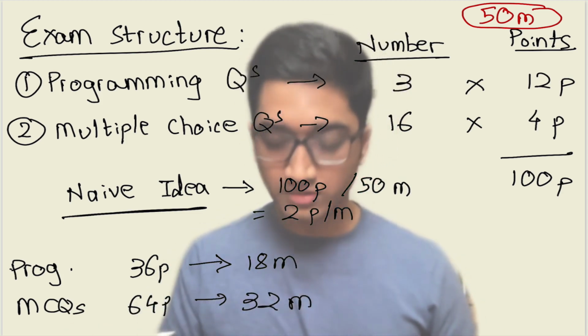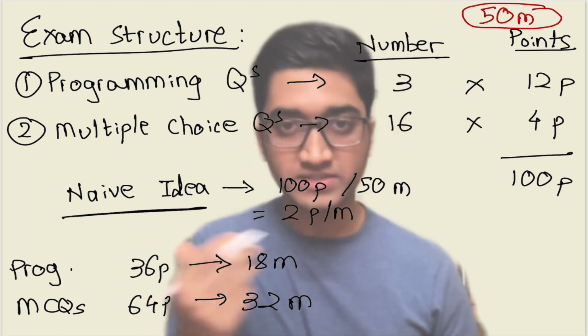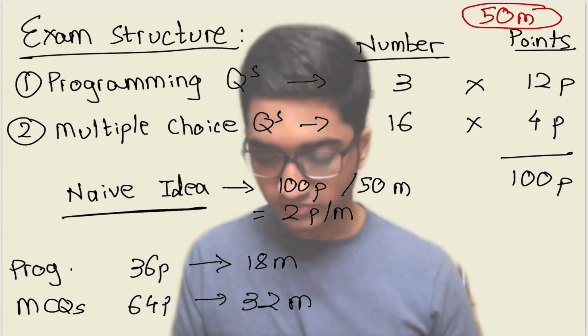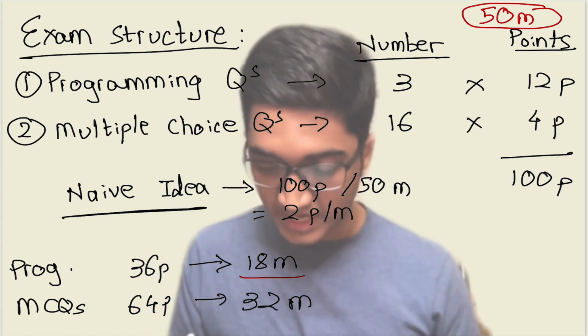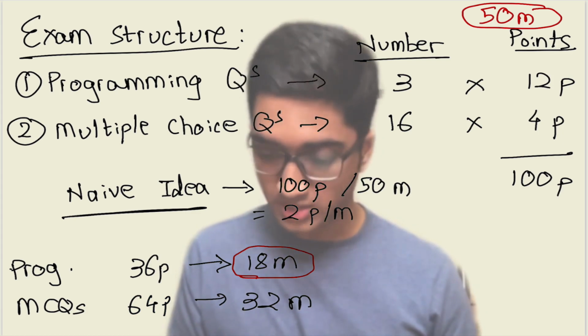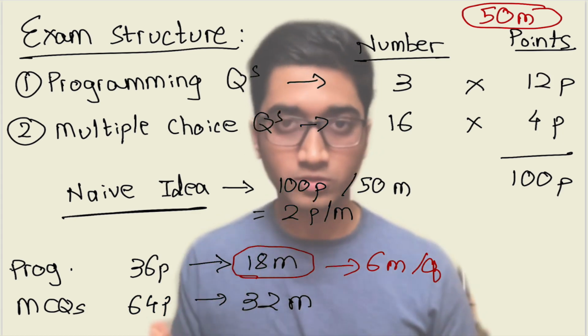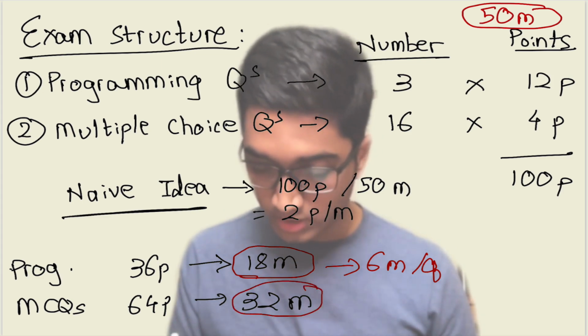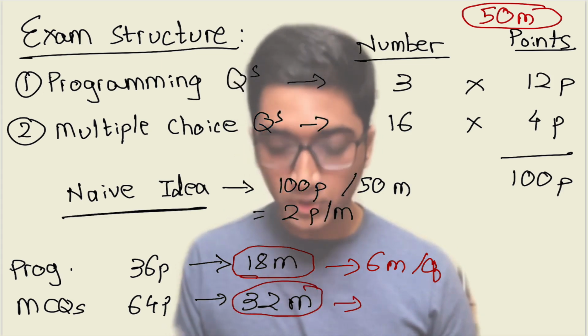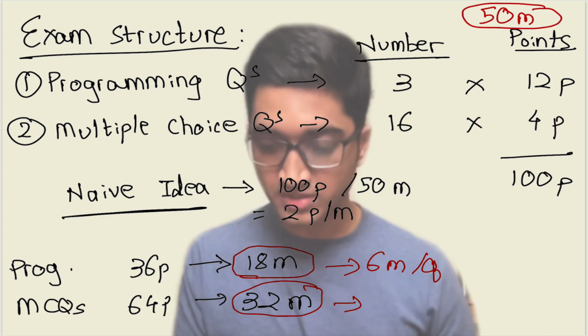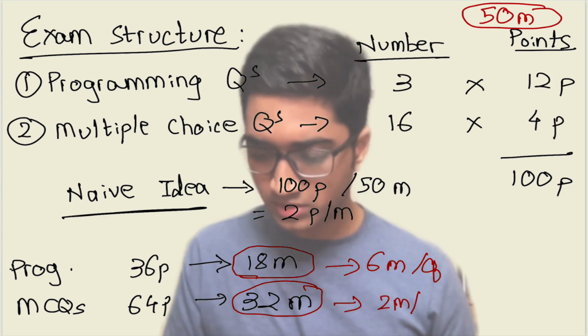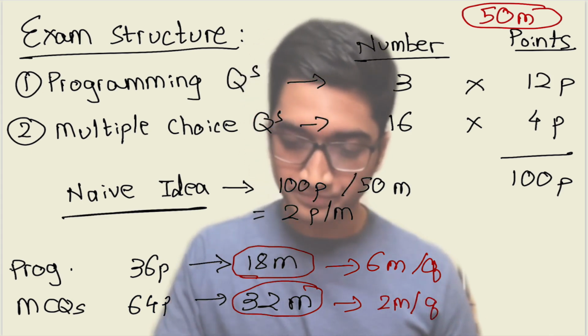Now, clearly, even for someone who is more experienced in computer science, anybody knows that 18 minutes for 3 programming questions, so 6 minutes per question, is absurdly low. And similarly, 32 minutes for multiple choice questions, so like 2 minutes per question, is insanely high.